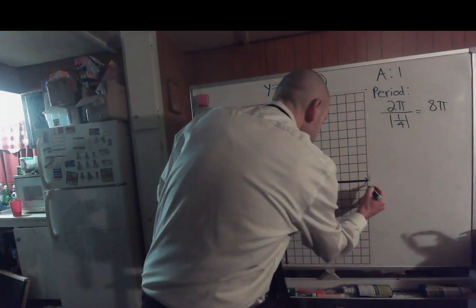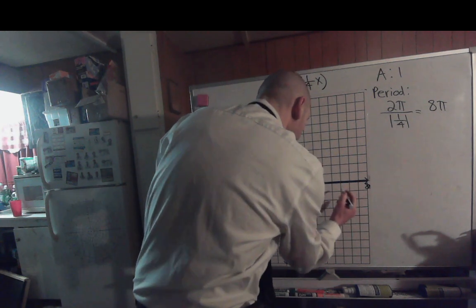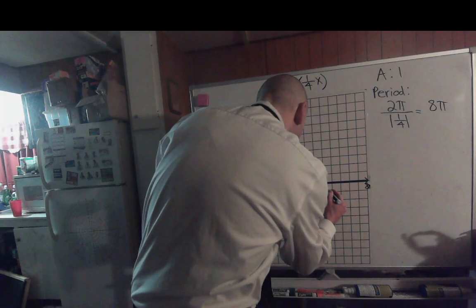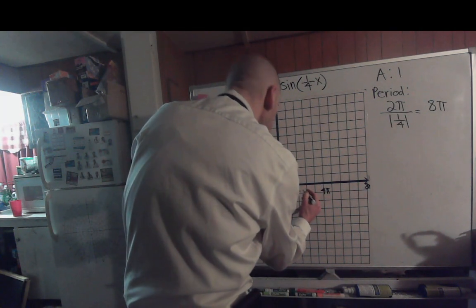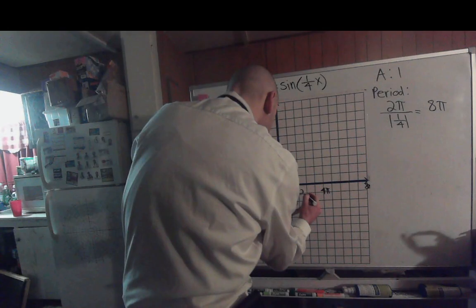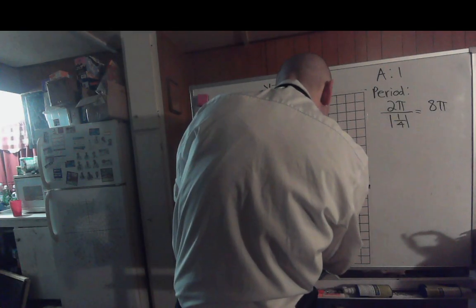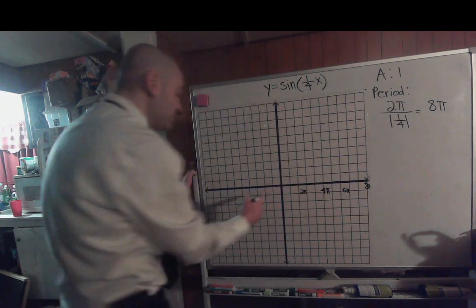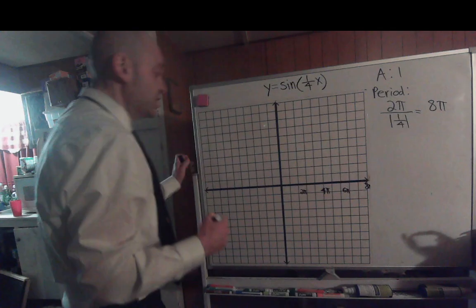So let's list 8 pi right here. There's 8 pi. Here's 4 pi. Here's going to be 2 pi. So that means 6 pi would have to go right here. You'll still have 0. It's important to label these on your x-axis so you know where you're graphing.